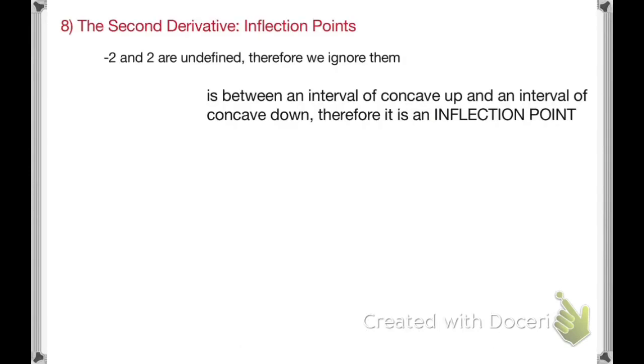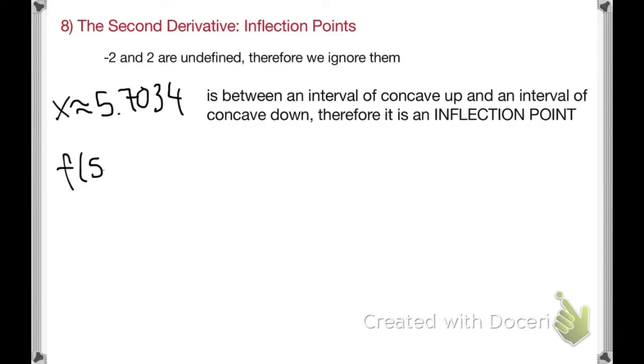So next we're going to talk about inflection points. Since negative 2 and 2 are undefined, we're going to ignore them still. And x, which is about 5.7034, is an inflection point because it's between an interval of concave up and an interval of concave down. So we're just going to plug that into our original function to find its corresponding y value.